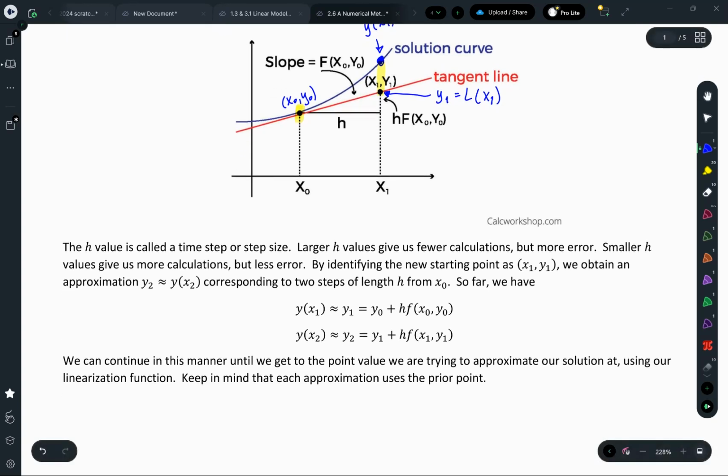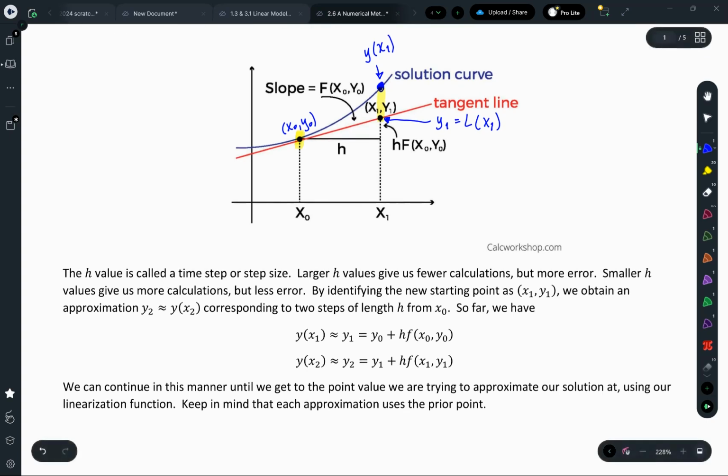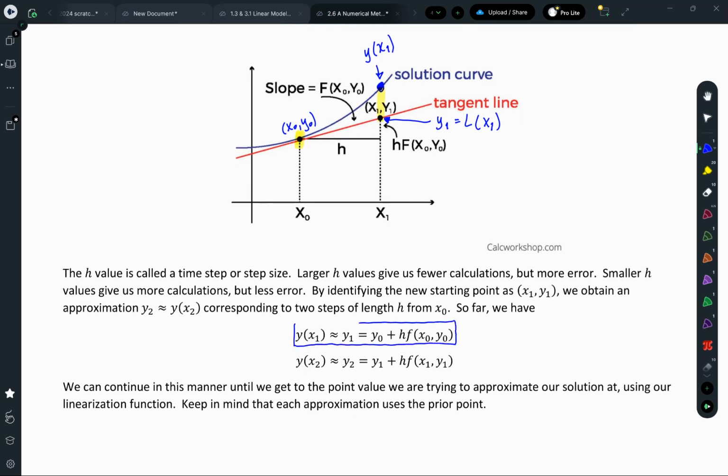So by identifying a new starting point, I maybe should have started with a new paragraph here, but let's say that, in this picture, we've got our approximation. We've got our x1 and our y1. They're on the tangent line, but we have them. And they were found using this first form.